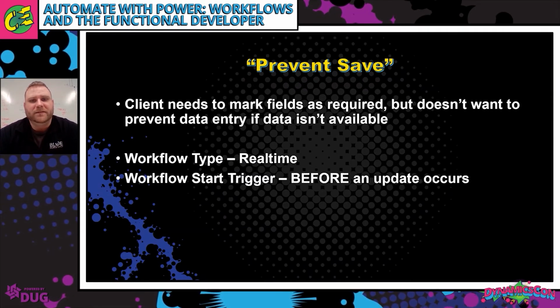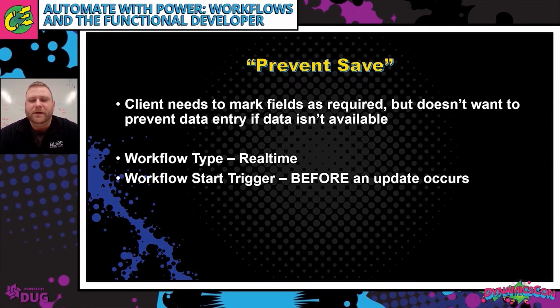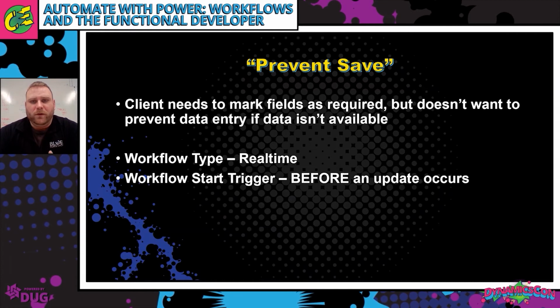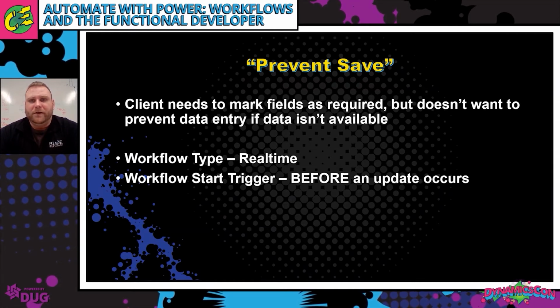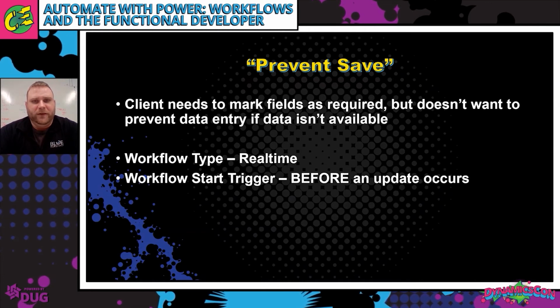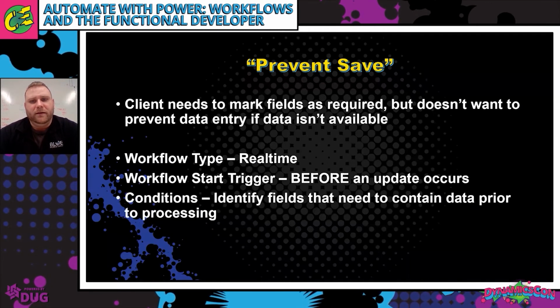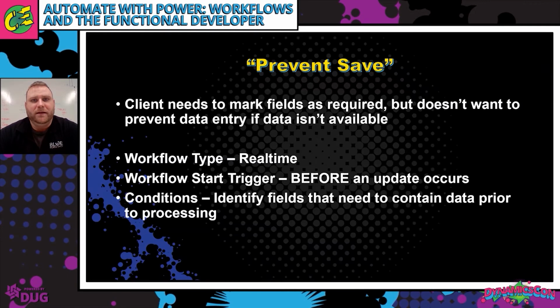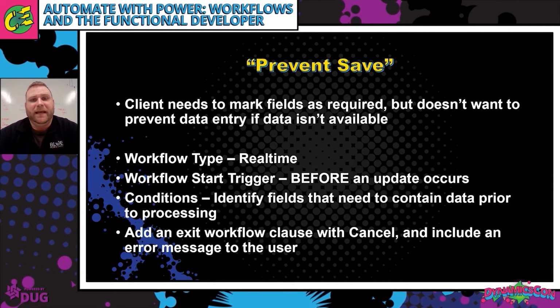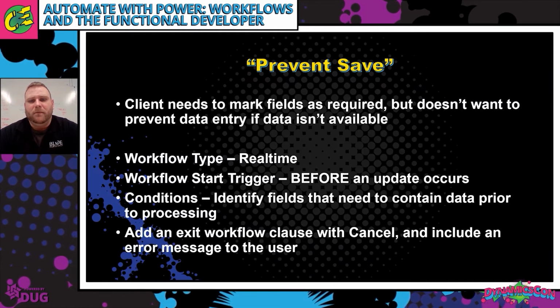And your workflow trigger is going to be before an update occurs. So before the status changes, before you create a record, before you update a specific field, we're going to check and see, do those fields contain data? If no, we're going to add an exit workflow clause that says cancel the workflow.